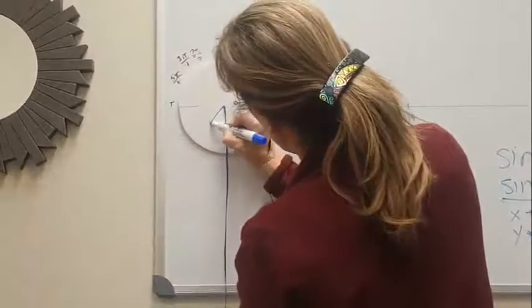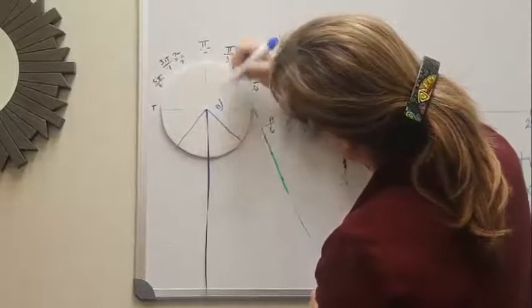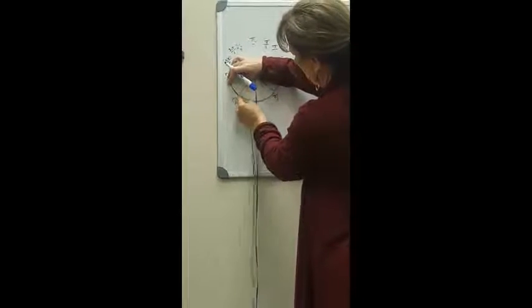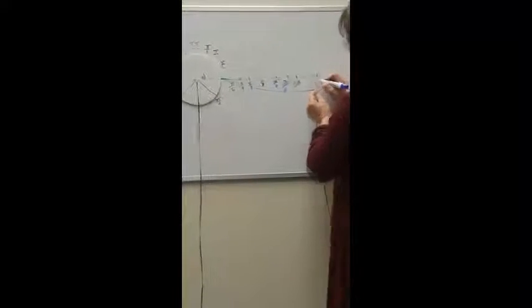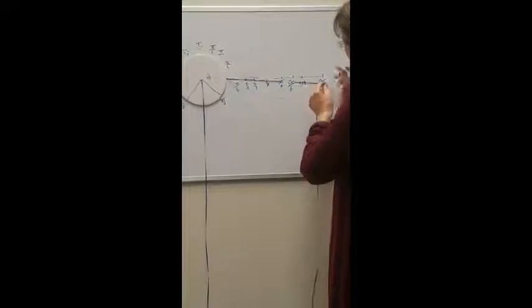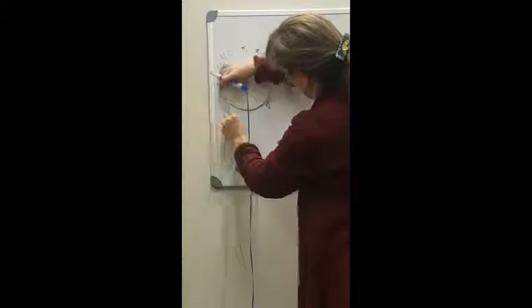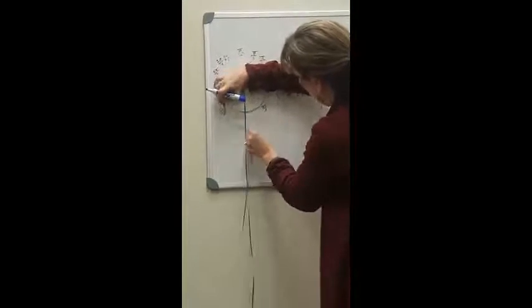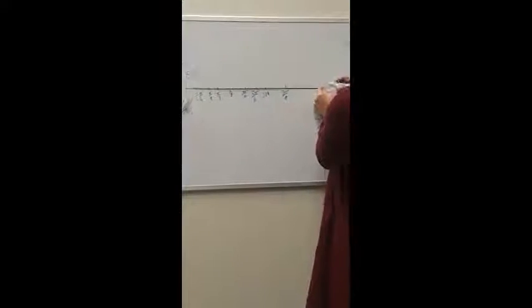If I go halfway down, this way and this way, the third quadrant, over here we have 5 pi over 4. And in the fourth quadrant, we have 7 pi over 4.